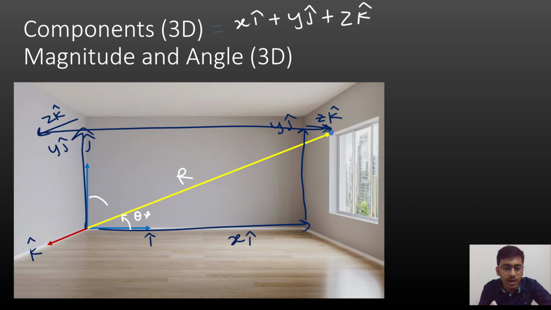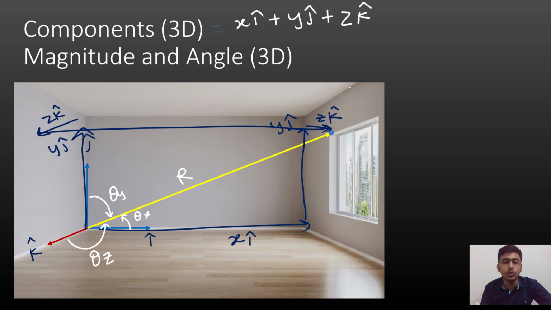I need to see theta y also, and I need to see theta z also. And obviously theta x, theta y and theta z, their summation is not 90. It can be anything. It's quite obvious to see in this diagram that theta z itself is an obtuse angle. So it's not so easy in 3D to find these theta x, theta y, theta z.